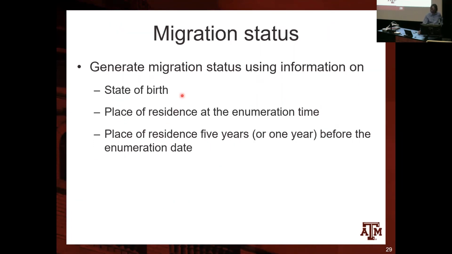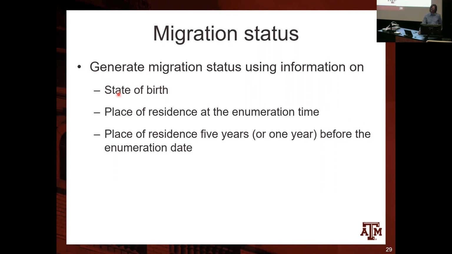We can use different variables in order to say if a person is a migrant or not, in order to generate a variable to measure migration status. We can say, oh, a migrant is going to be someone that was born in another state. So we can use only this variable here to measure that.